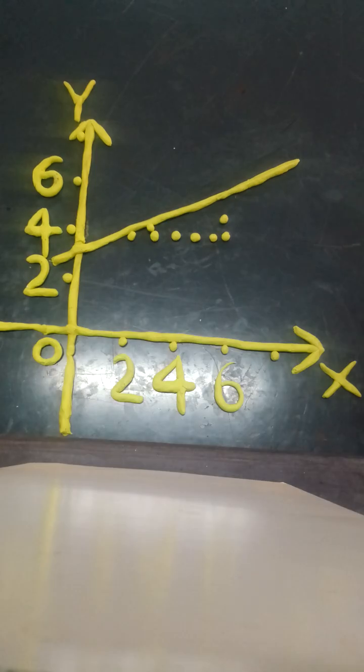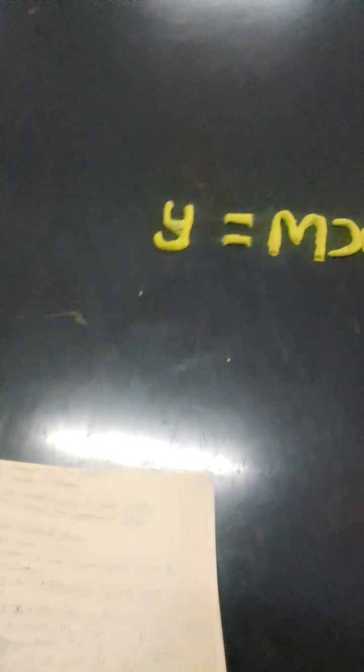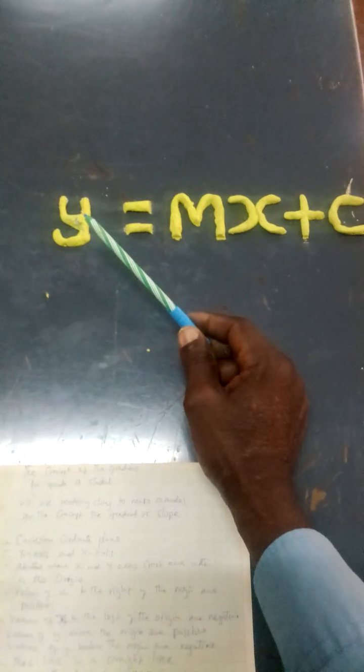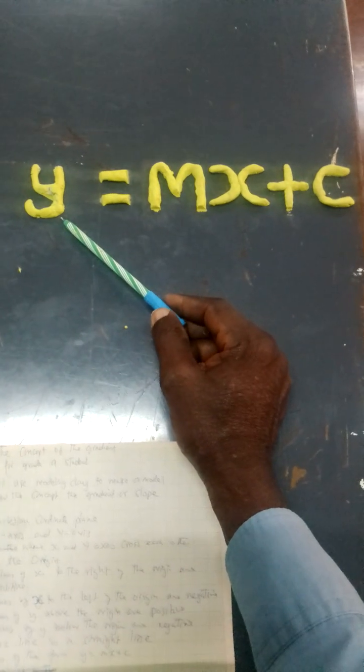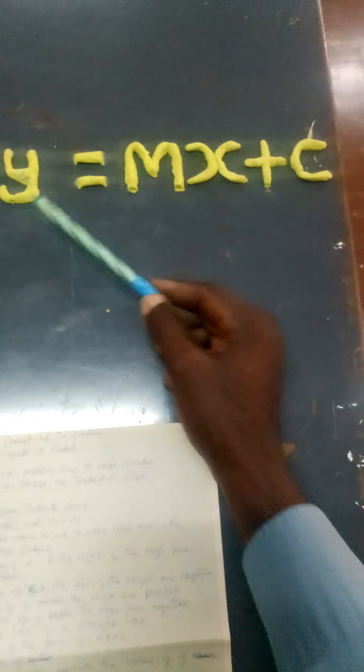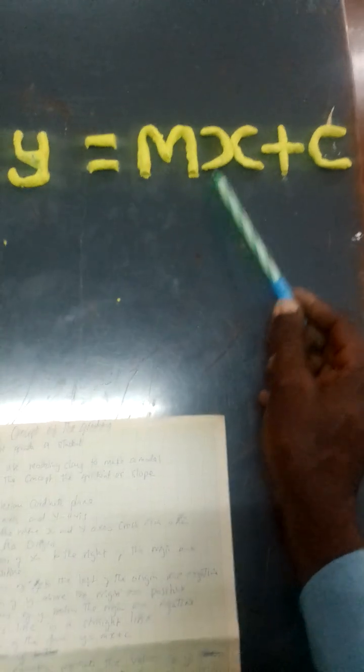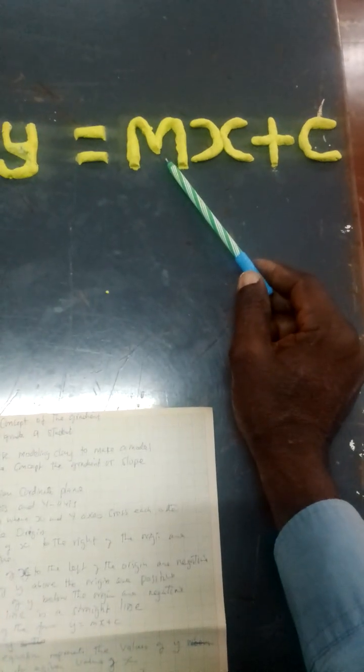In that equation, we want to find the y-intercept. So we know that y is 3 when x is 0, and we know the gradient.